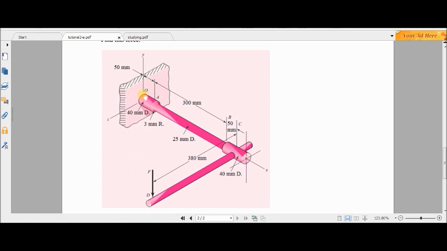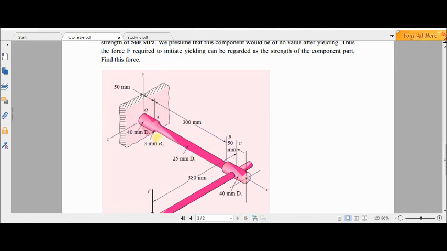We know that the maximum moment is at point O and equals F times the distance from C to O. And the moment at point A is F times the distance from C to A. Although the moment at A is a bit smaller than at O, the diameter at A is much smaller than at O.